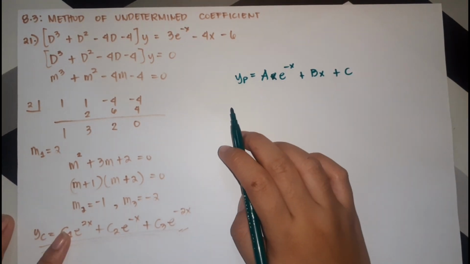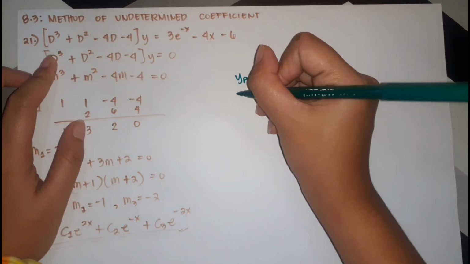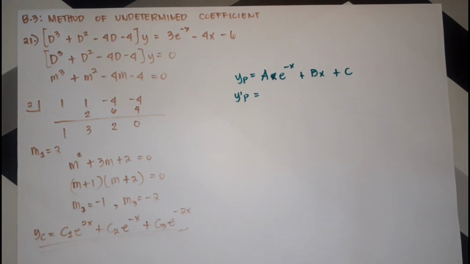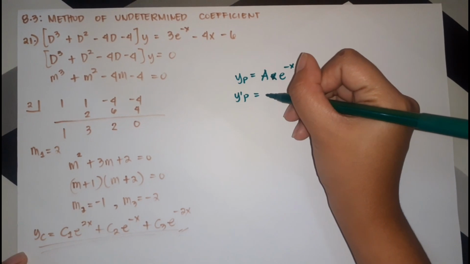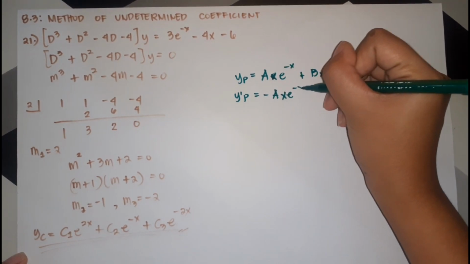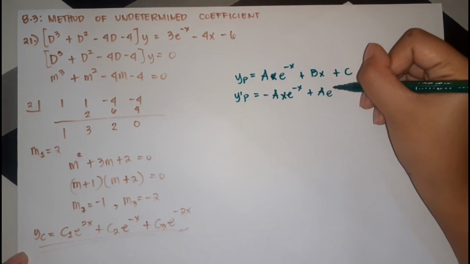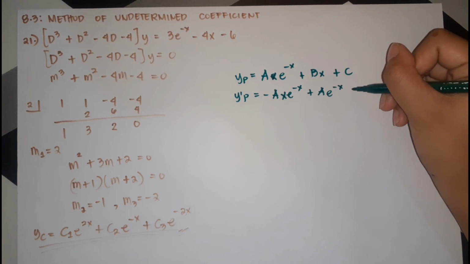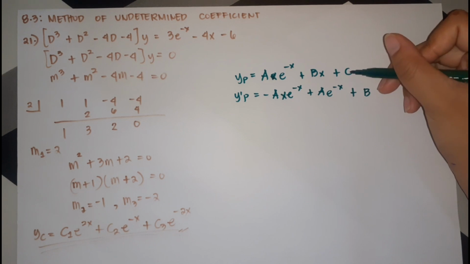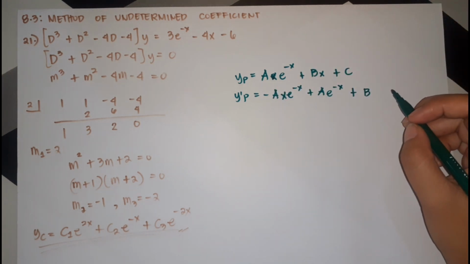Next, we differentiate our y sub p until we reach the order of our differential equation. So y prime of p is negative ax e raised to negative x plus a e raised to negative x plus b, since the derivative of bx is b and the derivative of c is 0, so we won't write that.